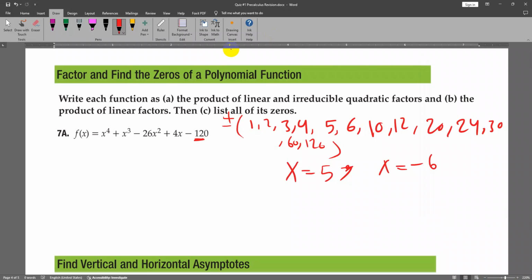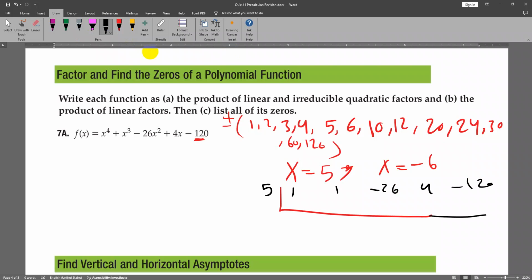So we will make synthetic division, so that we can get the remaining polynomial. We will take the coefficients of the function, which are 1, 1, negative 26, 4, negative 120, and we will use 5. Of course, the last number here must be 0.